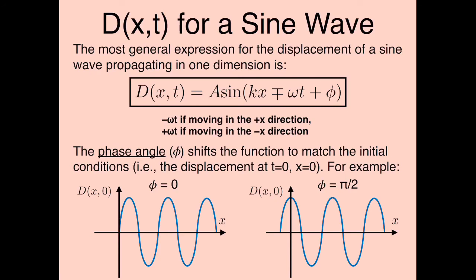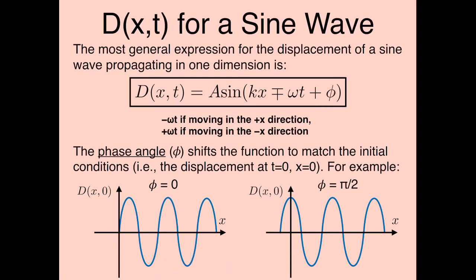In other words, our wave, whatever it happens to be, is going to have some displacement when you set t equals 0 and x equals 0. And you just want to be able to match whatever that displacement is for the situation you have. The way you do that is just by choosing the right value of phi.